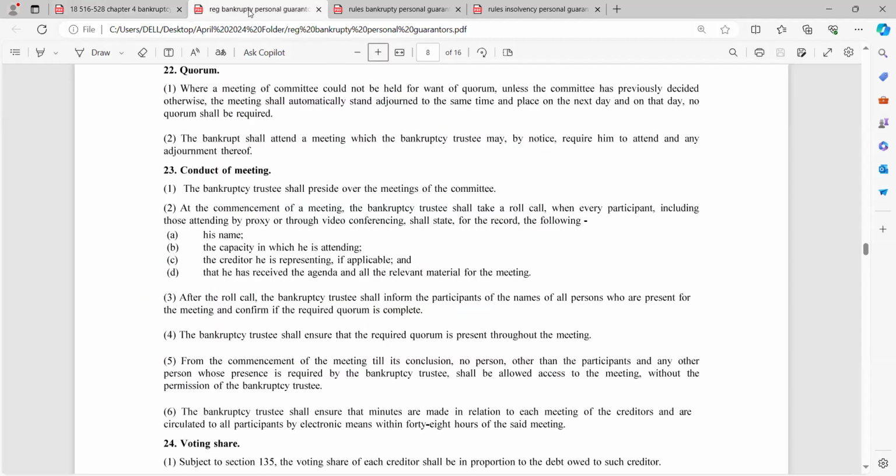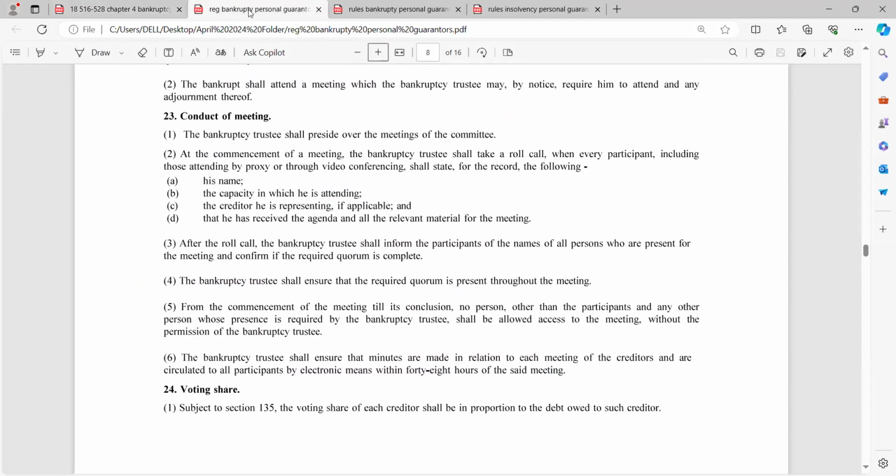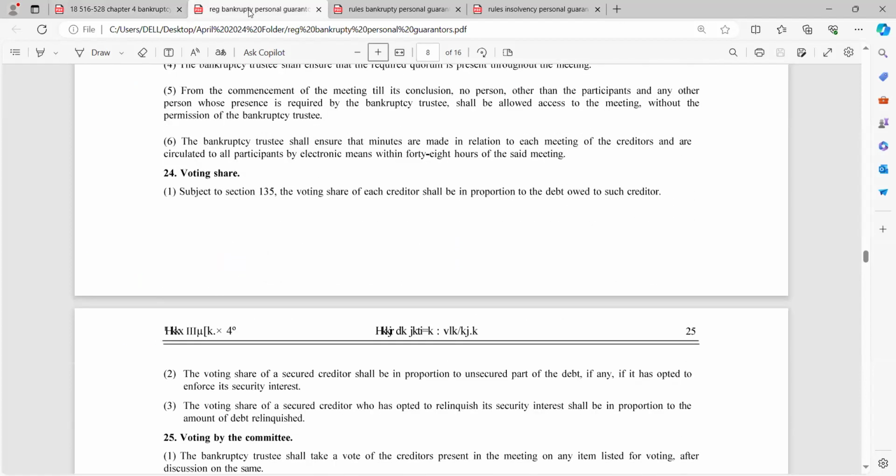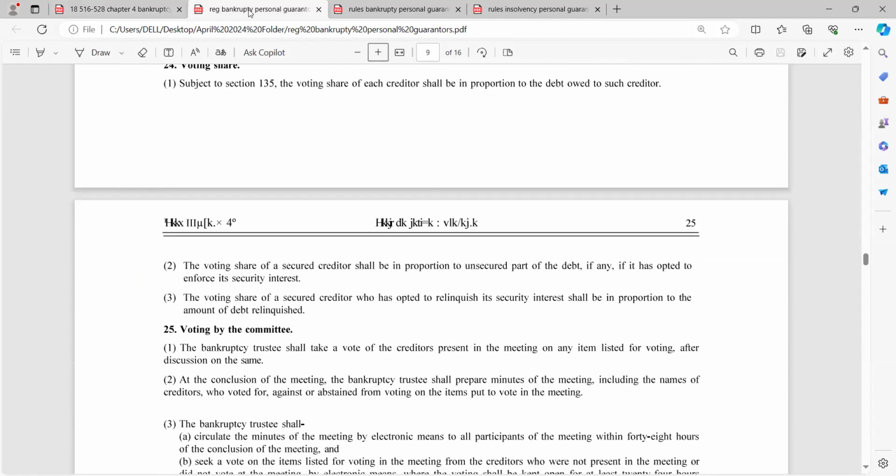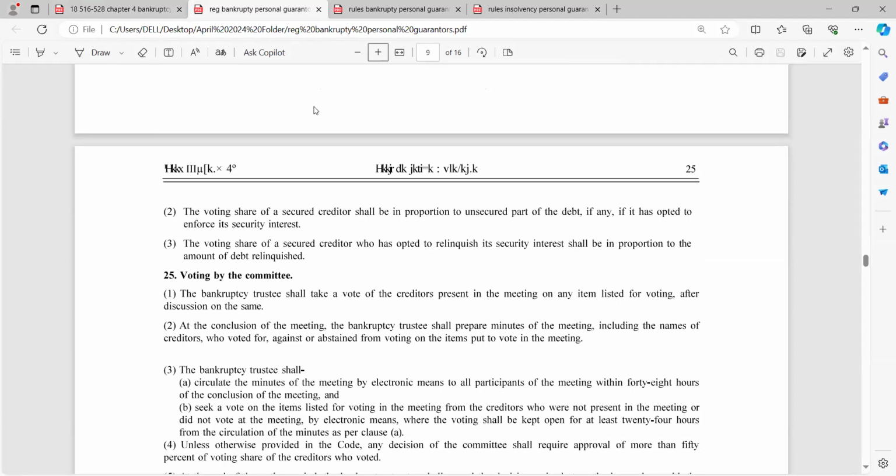So there are regulation 24 and 25. 24 is talking of vote share. So it is in proportion to the debt owed to such creditor. The voting share of a secured creditor shall be in proportion to unsecured part of the debt, if any, if it is opted to enforce its security interest. The voting share of a secured creditor who has opted to relinquish its security interest shall be in proportion to the amount of debt relinquished.